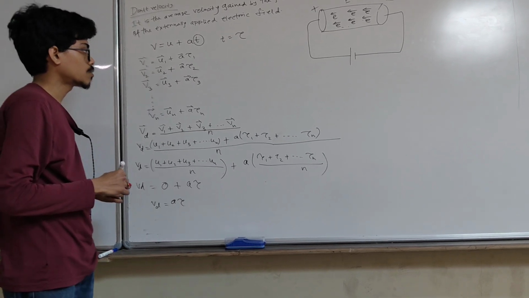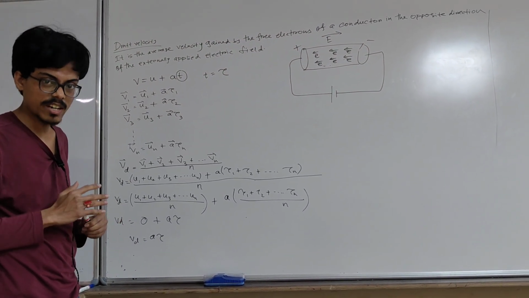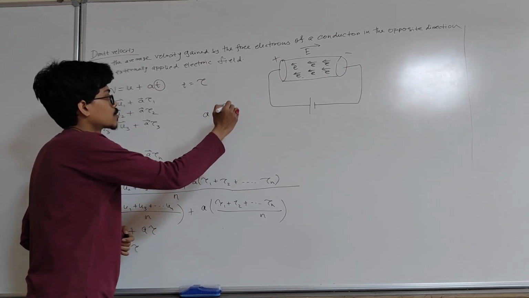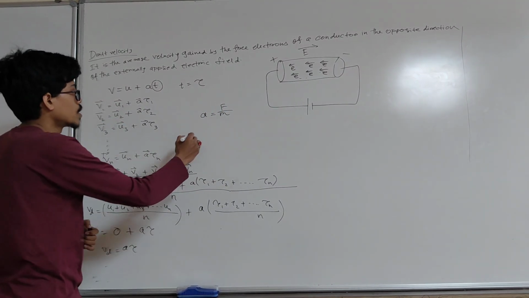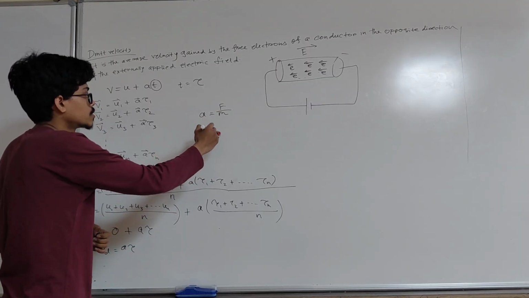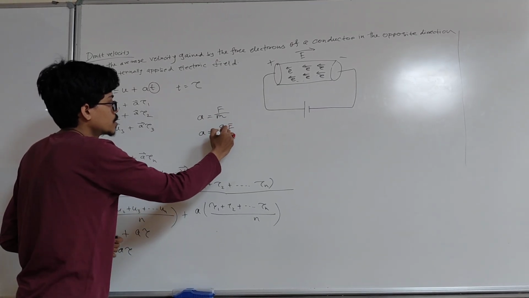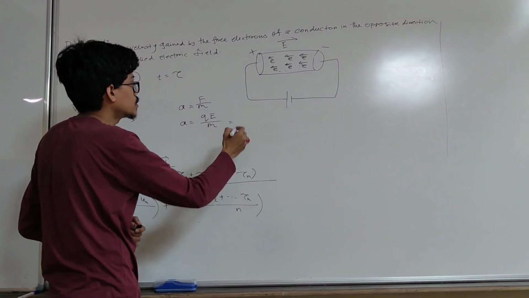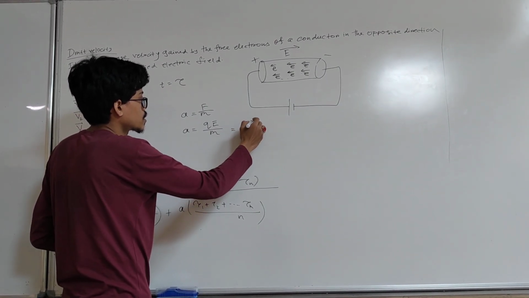Now another equation we can get from Newton's second law of motion, F equals ma, and a equals F by m. In terms of electricity, F can be written as qE, and if we take it for electrons, then q can be represented as the charge of the electron.